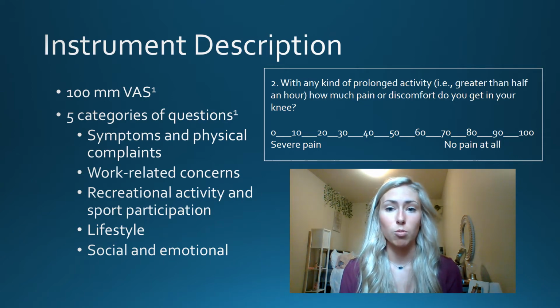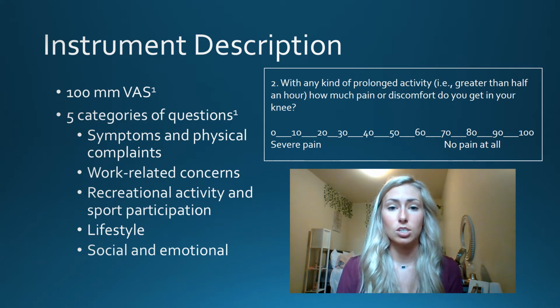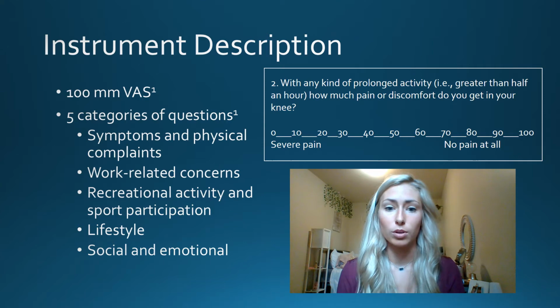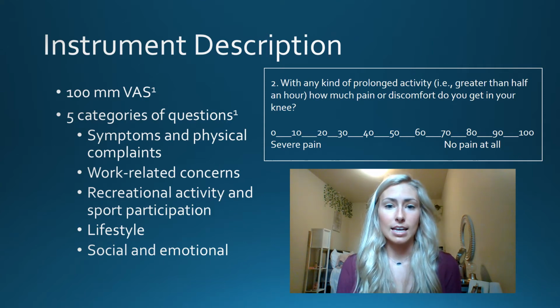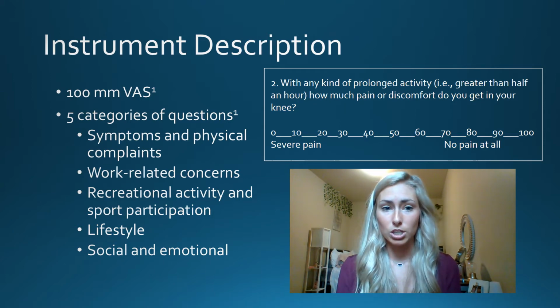Next is a work-related concerns section, which has 4 questions. And then there's also a 12 question section over recreational activity and sports participation. And then next is a lifestyle section, which has 6 questions. And then lastly, there is a social and emotional category, which has 5 questions. So the total of all those categories adds up to 32 questions.